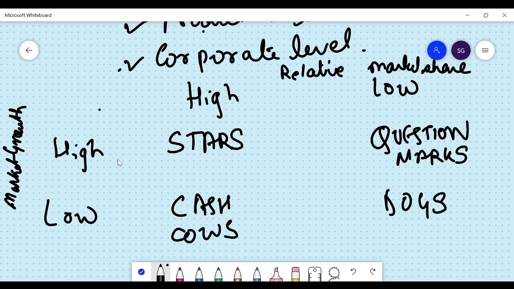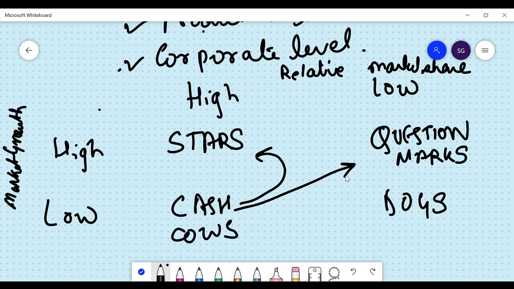Question mark also requires a lot of expenditure. They are in a market that is growing, but their market share is low. So in that case, they also need money. Both are financed by cash cows.